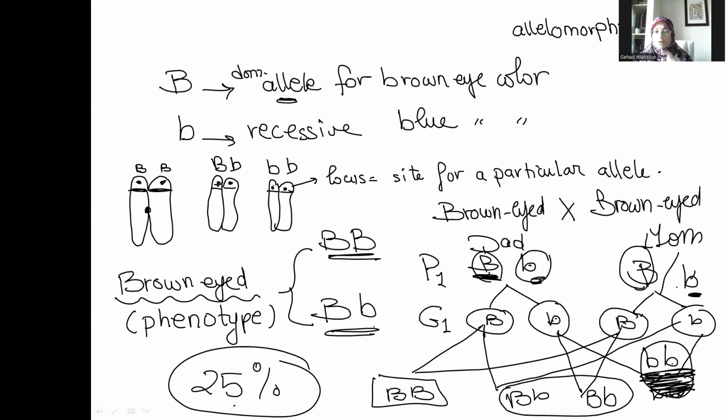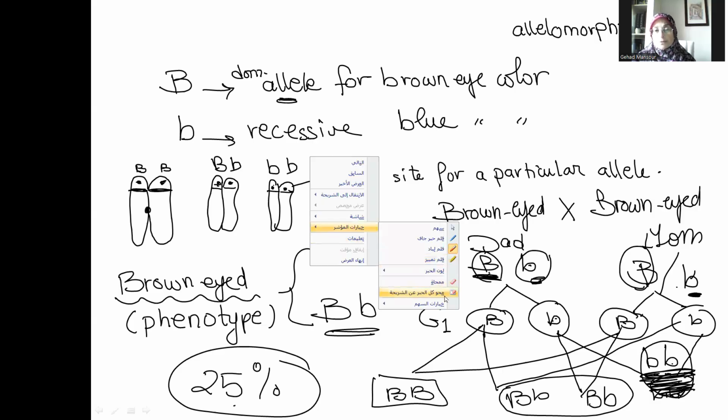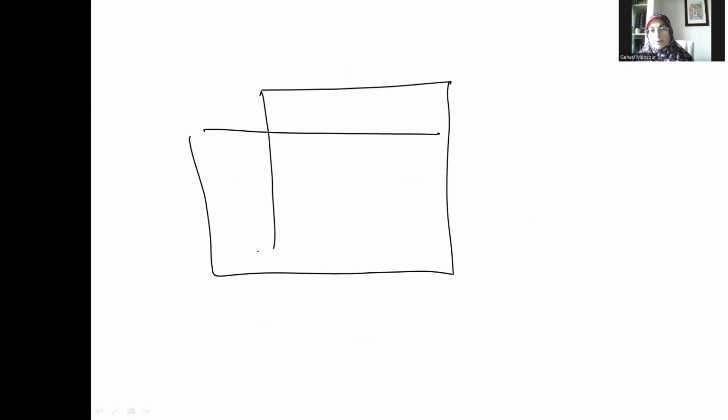What I have done here is a genetic diagram, not a Punnett square. If you want to do it in the form of a Punnett square, we would do it like this. We would draw a Punnett square like this, and then we will divide this into 2.